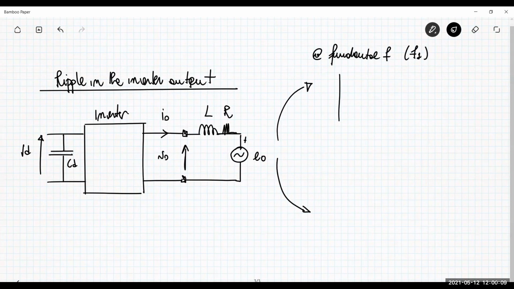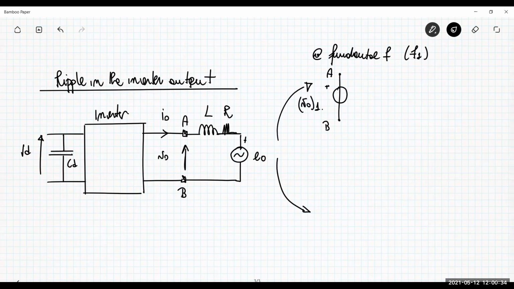Let me put this A and B node here. I can use an equivalent voltage at this node, and this equivalent voltage represents the fundamental frequency component of the output voltage, and we call this V0,1.